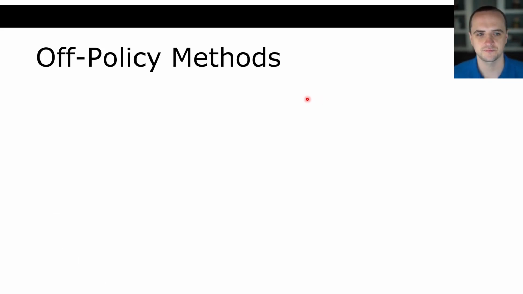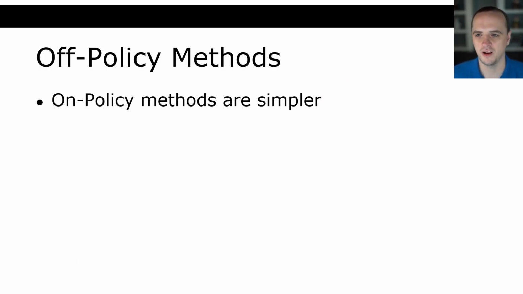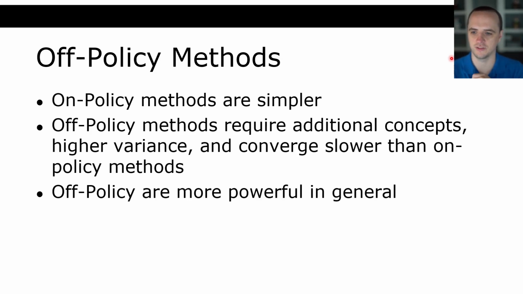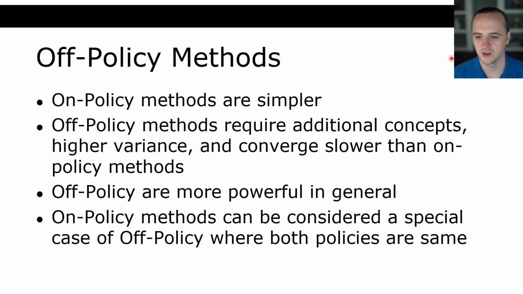All right. So, off-policy methods. On-policy methods are simpler than off-policy methods because it's just one policy that's guiding both things, right? Off-policy methods require additional concepts, higher variance, and converge slower than on-policy methods. But off-policy methods are more powerful in general than on-policy methods.